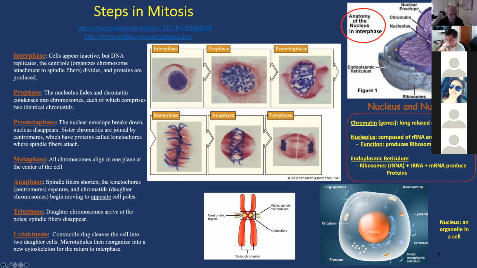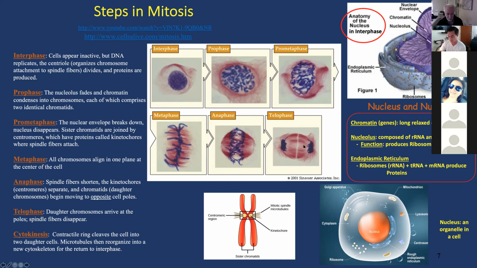Metaphase is where all the chromosomes line up in one plane at the center of the cell. It's a very distinctive configuration of the chromosomes. And then at anaphase, these spindle fibers, which are attached to the centromeres of each chromosome, they shorten. And in the process of shortening, they pull the chromosomes to opposite poles. So half the chromosomes go to one side of the cell, the other half go to the other.